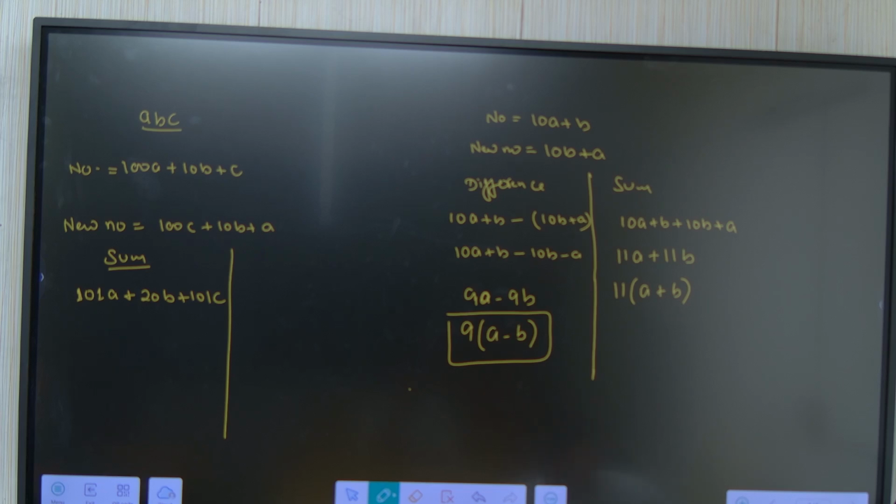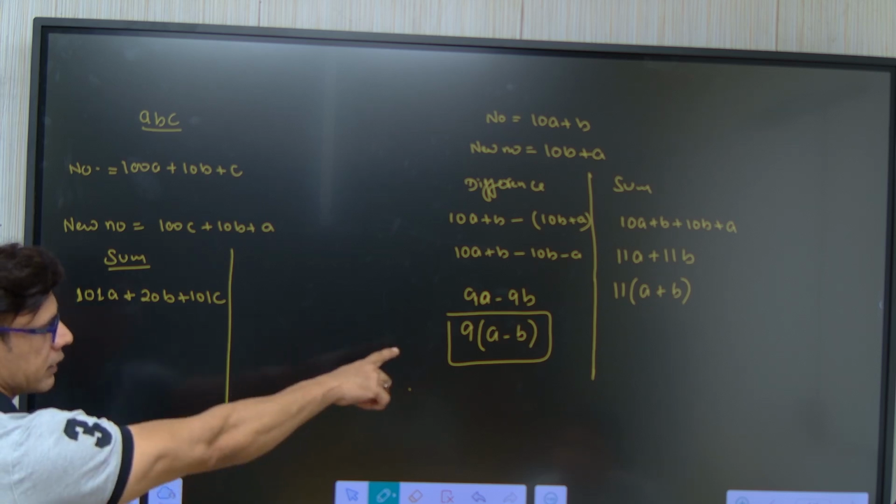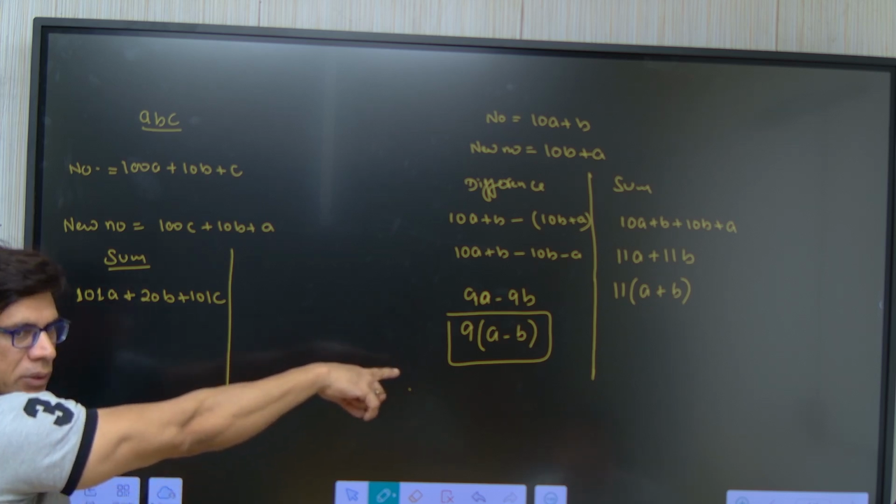Is there anything coming common out? When nothing is coming common out, it simply means the sum of a 3-digit number and the number formed by reversing its digits is not necessarily divisible by one particular number. Like in this case divisible by 11, and in the earlier case divisible by 9.